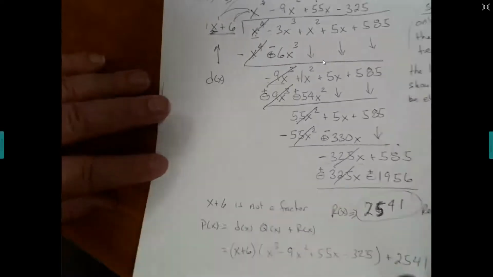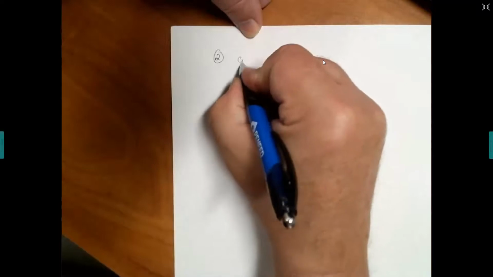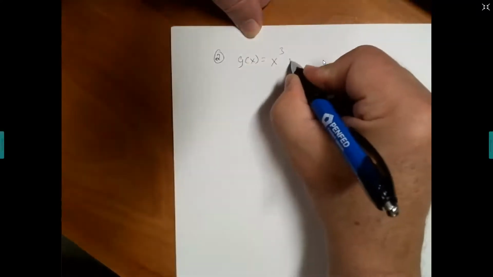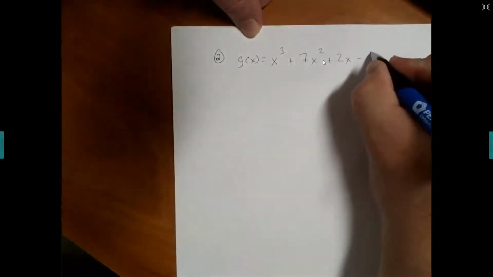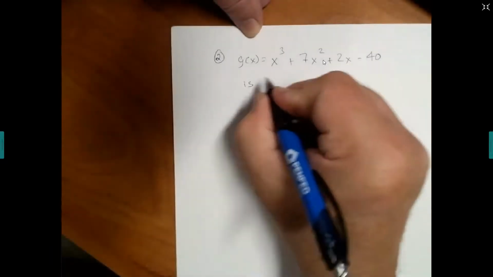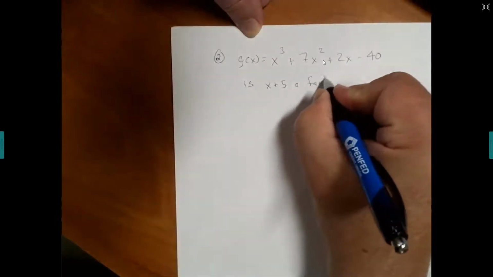All right, so that was number 1. Let's look at number 2. Question 2. Given g of x equals x cubed plus 7x squared plus 2x minus 40, is x plus 5 a factor?